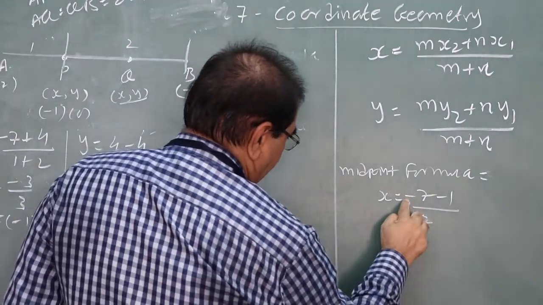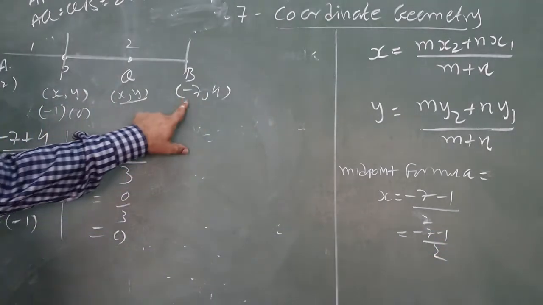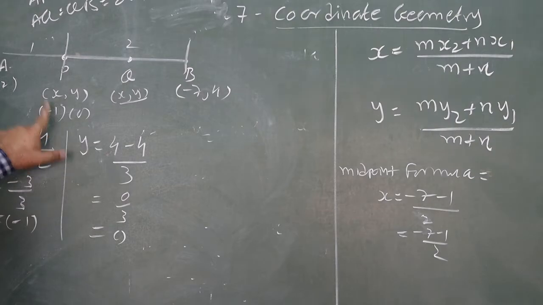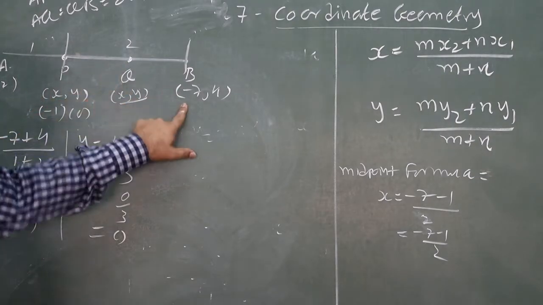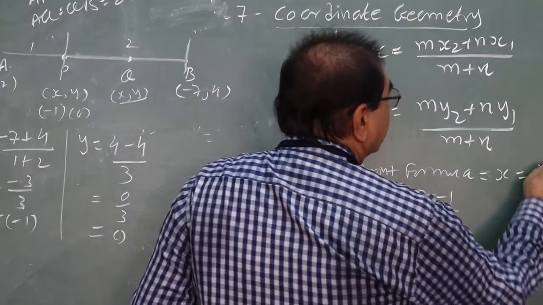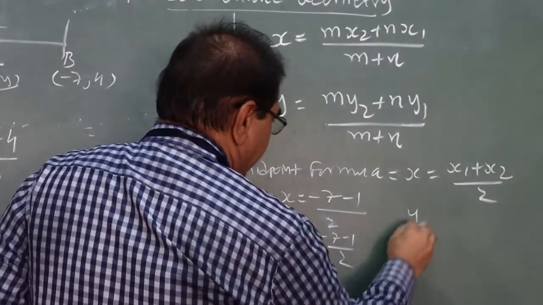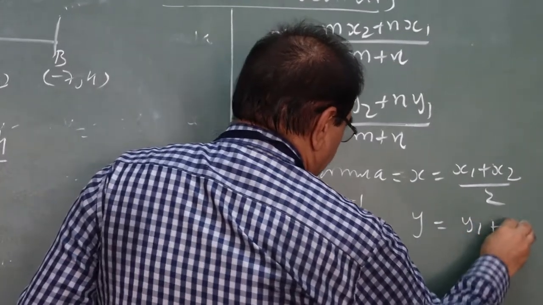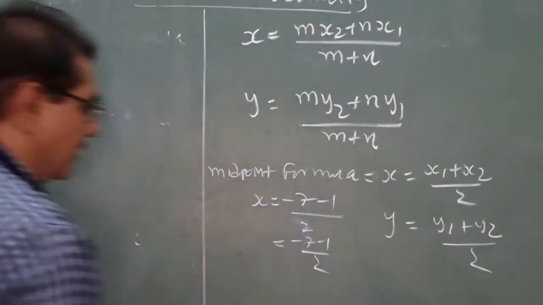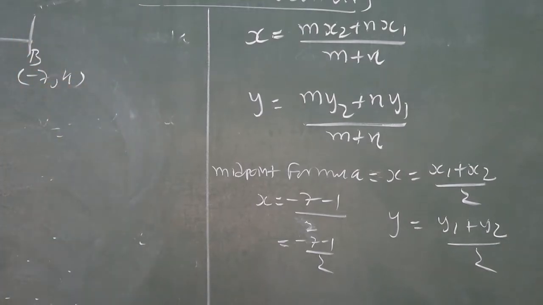So it is minus 7 minus 1 upon 2. What is this? Minus 7 minus 1. So it is x1 plus x2 whole upon 2. So formula is what? X is equal to x1 plus x2 whole upon 2. Similarly, y is equal to y1 plus y2 whole upon 2.